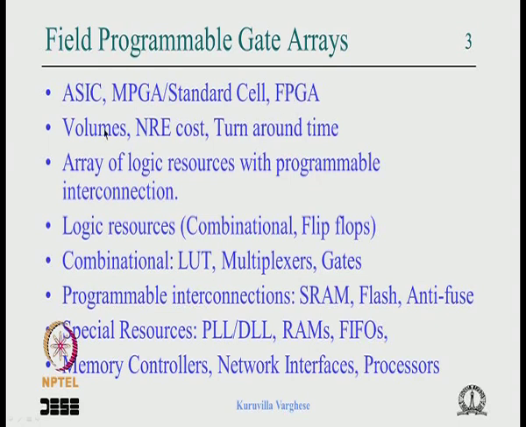The game is between the NRE cost, which is very high for ASIC, medium for this and low for this. So ASIC works out for huge volumes, this for middle volume, and this for low volume, and the design turnaround time is very high for one and low for the other. This may run into years and this could run into weeks depending on the complexity.